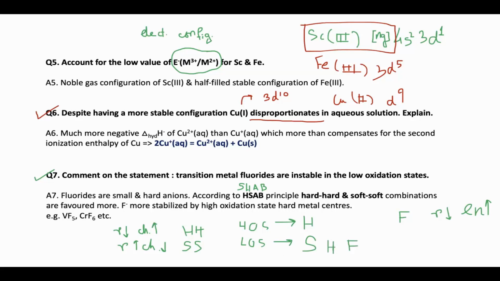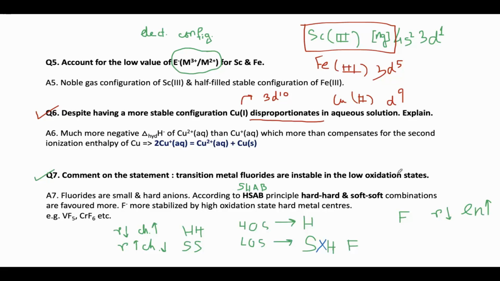Now I have told you soft and hard interactions are not welcome. That's why it is a soft-hard combination. That's why it is not good. That's why transition metal fluorides are unstable in the low oxidation state, because the combination provided by this duo is not quite good. One is soft, another is hard.